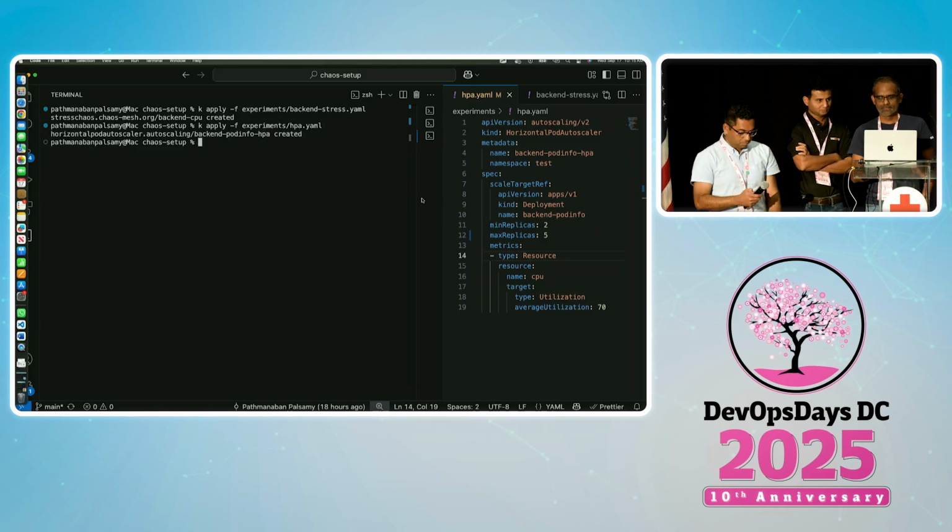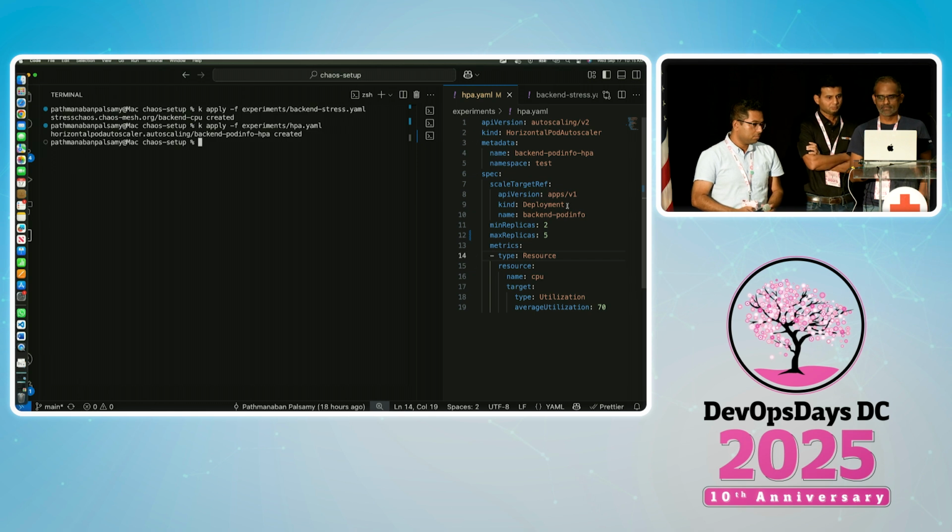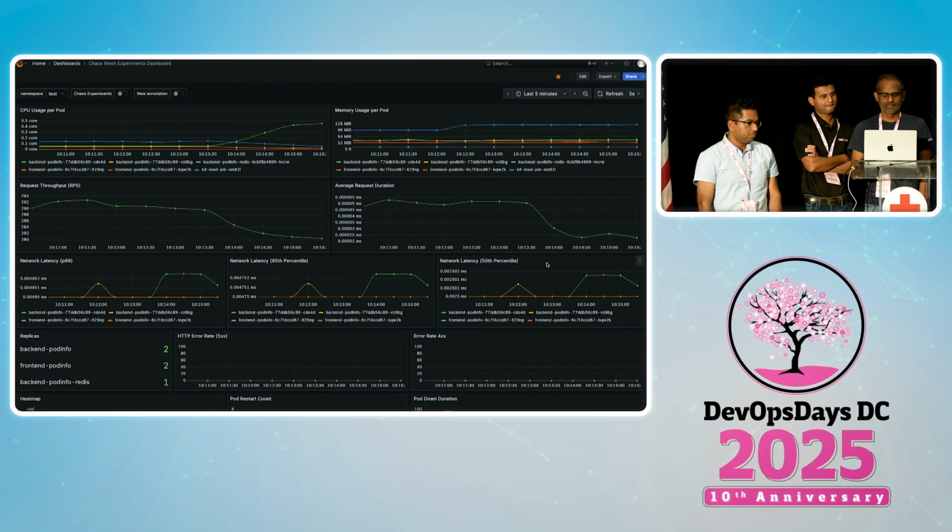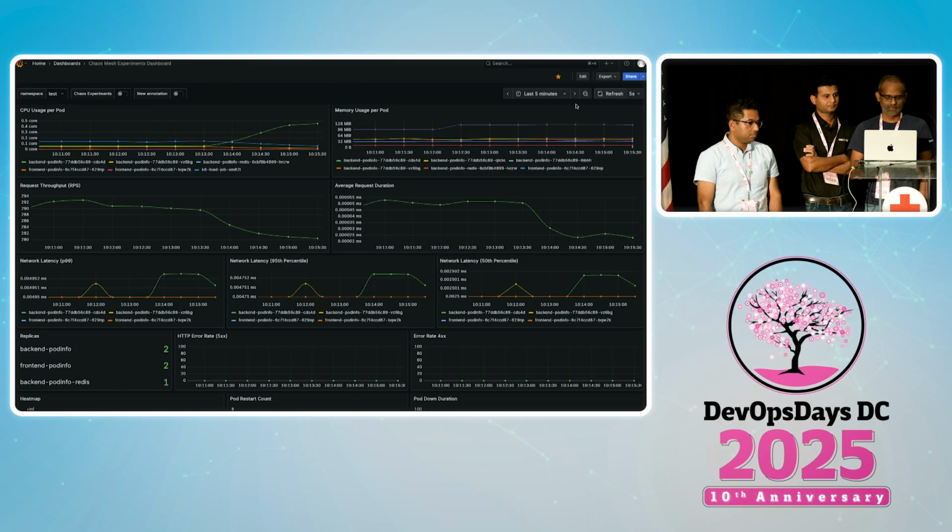For that, I just applied the HPA, I think many are familiar with that. It targets resources, with a minimum and maximum replica of 2 and 5, and if utilization reaches above 70 percent, it will spin up additional pods. Let's wait for a few minutes.